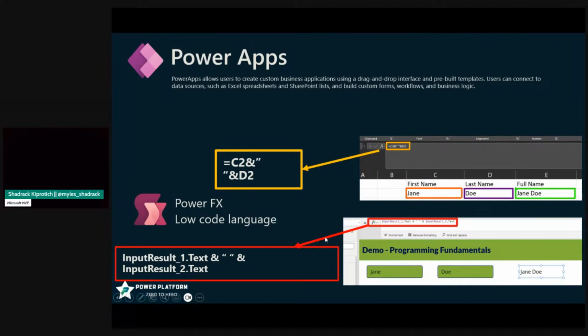If you want to do that in Power Platform, you can see the result here: you're taking the text from one input and combining it with the second one to combine the 2 texts. So basically, if you're familiar with Excel functions, then definitely Power Apps is something you can also try out using the low-code language.